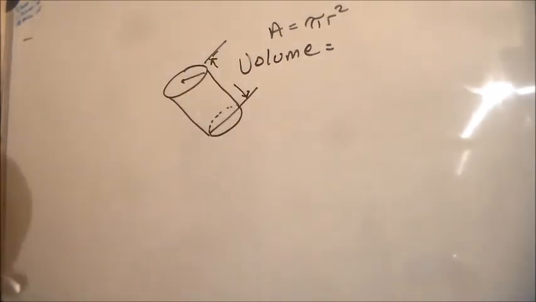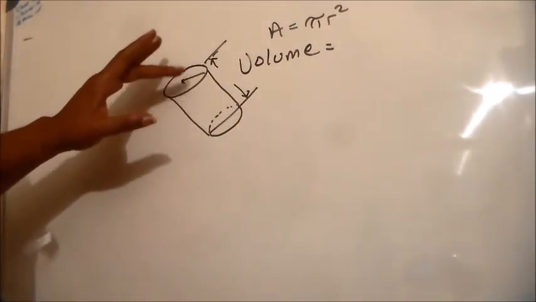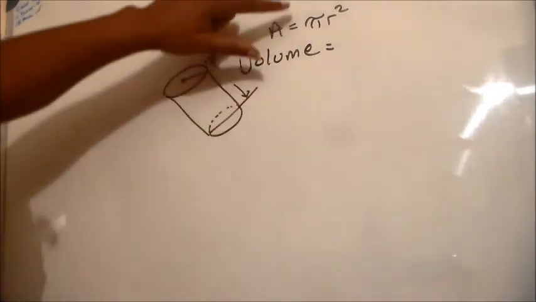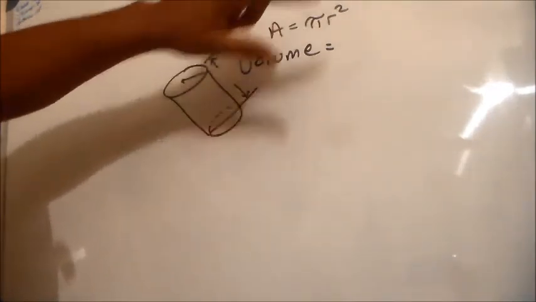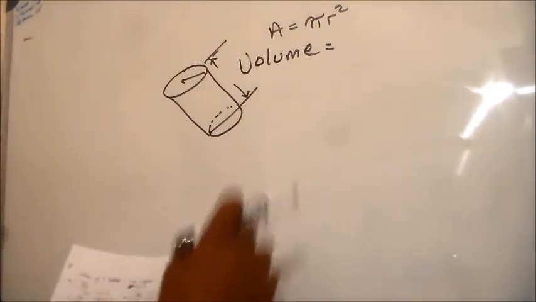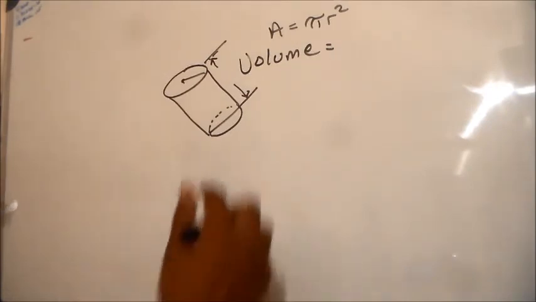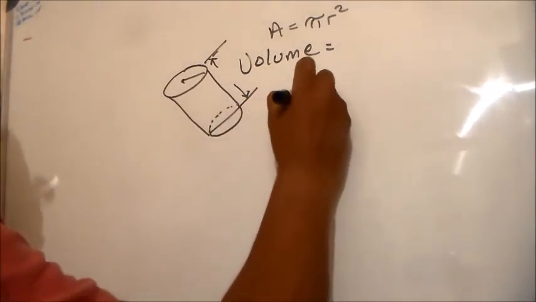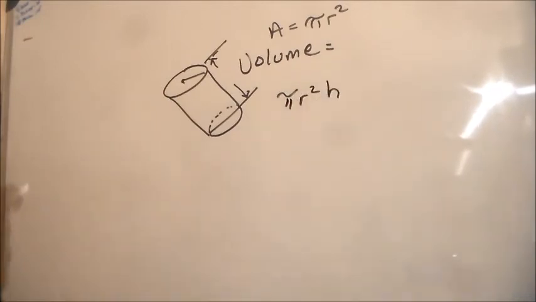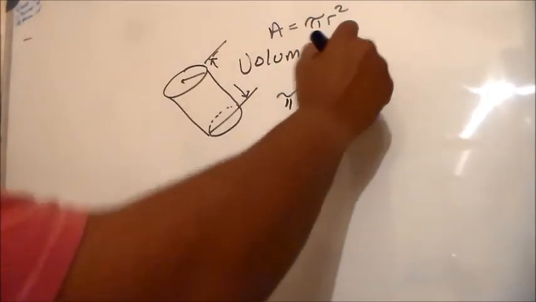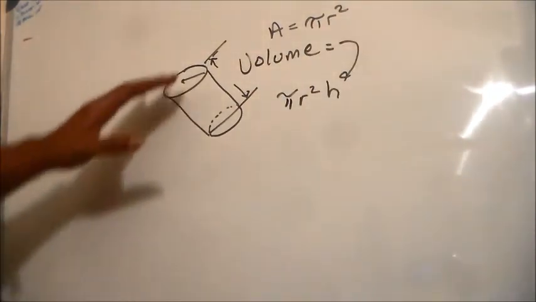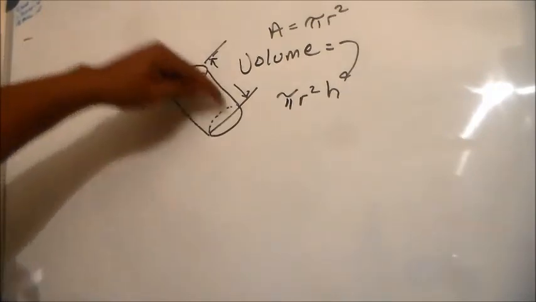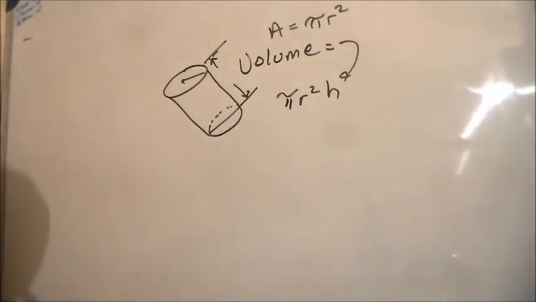The volume formula for a cylinder is pi r squared times height. So we're working out the area of a circle and then multiplying it by the length of this cylinder.